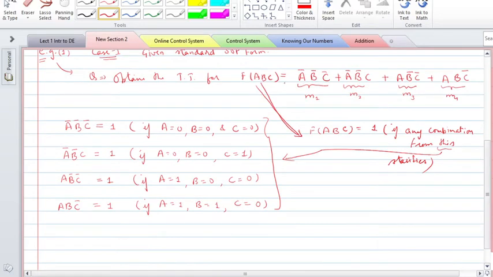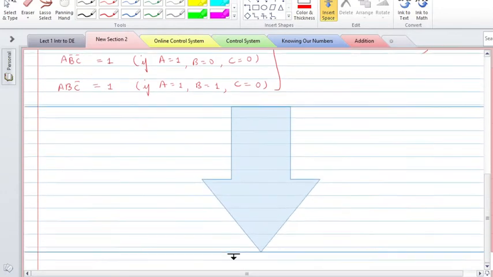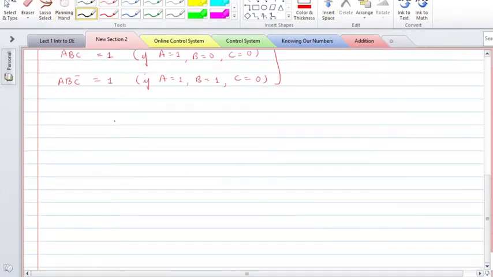Now, as this given function considers 3 variables, let's draw the truth table for this 3 variable Boolean function. A, B, C are the inputs, and let's suppose the function is this one.